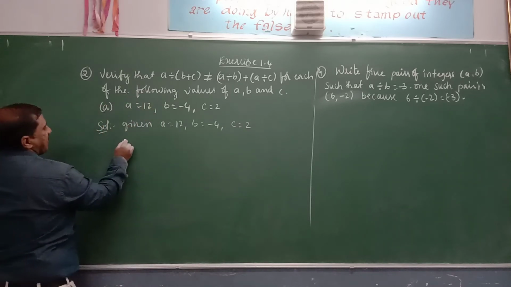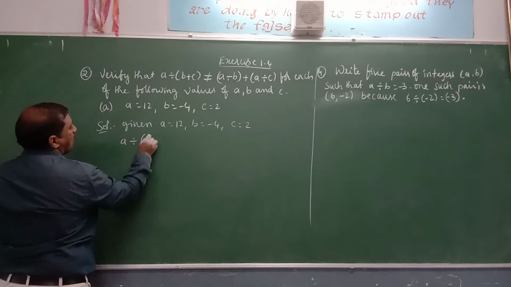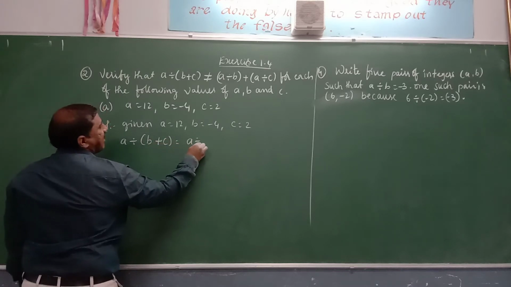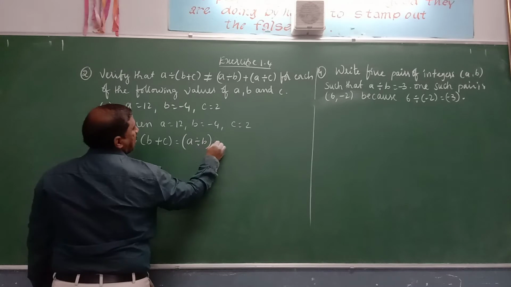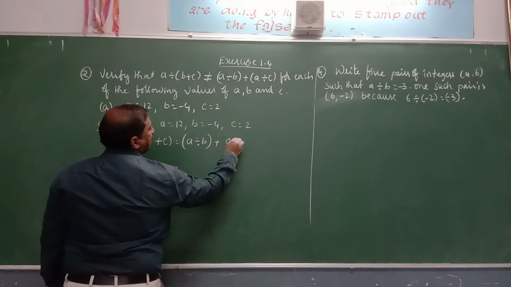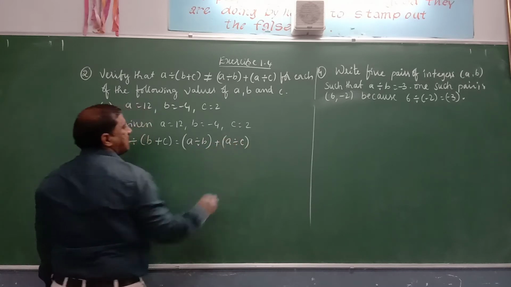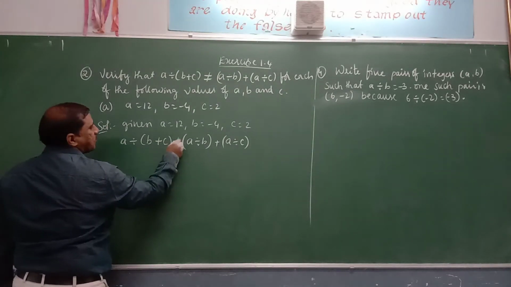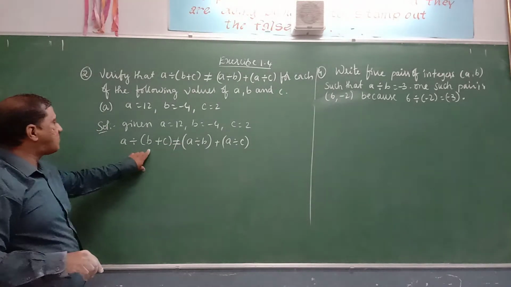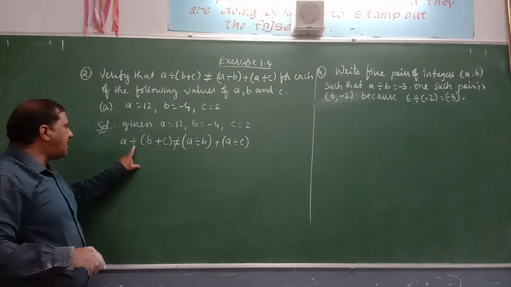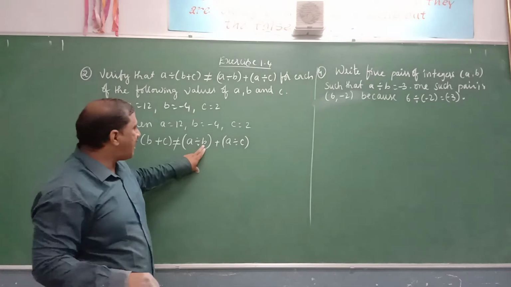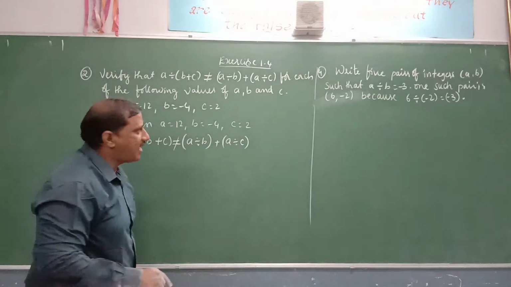Now what do we need to verify? a divided by (b plus c) is not equal to a divided by b plus a divided by c. We have to prove they are not equal. So on the LHS we have a divided by (b plus c), and on the RHS we have a divided by b plus a divided by c.